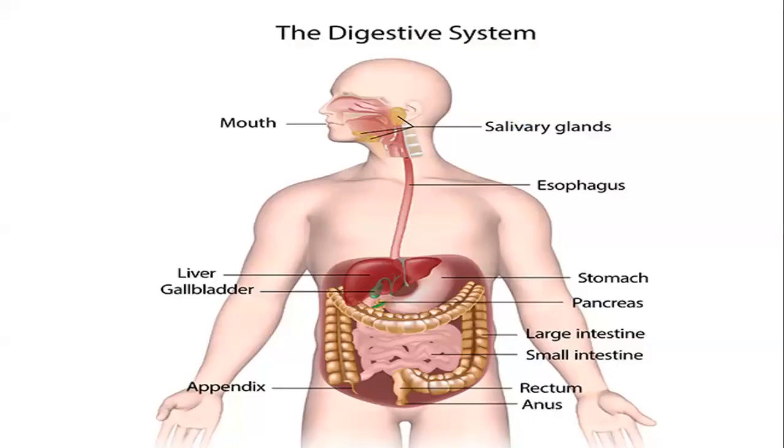Now let's continue with our digestive system. Our digestive system is made up of the following parts: the mouth, the salivary glands, the esophagus, the stomach, the liver, the gallbladder, the pancreas, the large intestines, and then the small intestines, the rectum, the anus, and of course that little part attached on the side, the appendix.